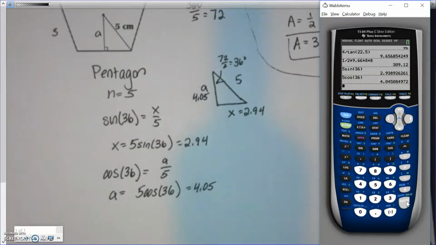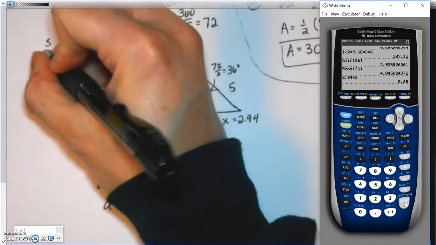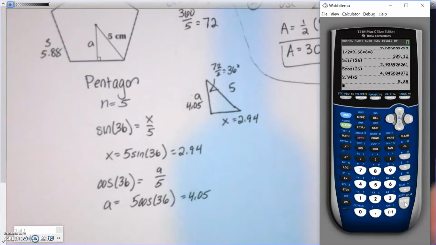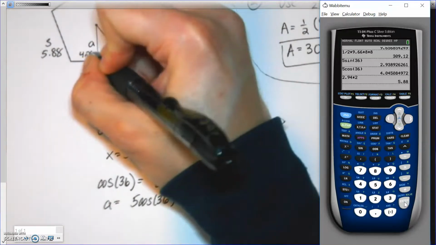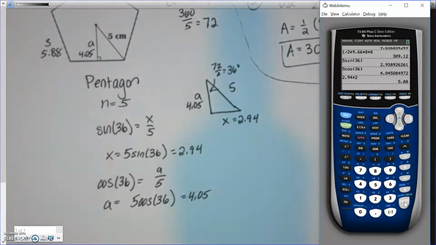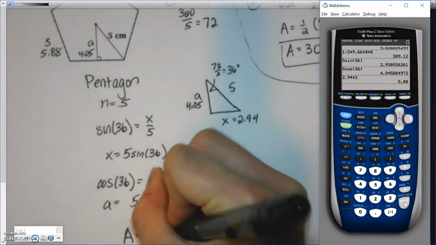The last thing that I'm going to do is take that 2.94 and multiply it times 2 to get the side length. So I get that the side length is 5.88 and our apothem is 4.05. So now that we have all of our values, we can substitute those into our area formula.